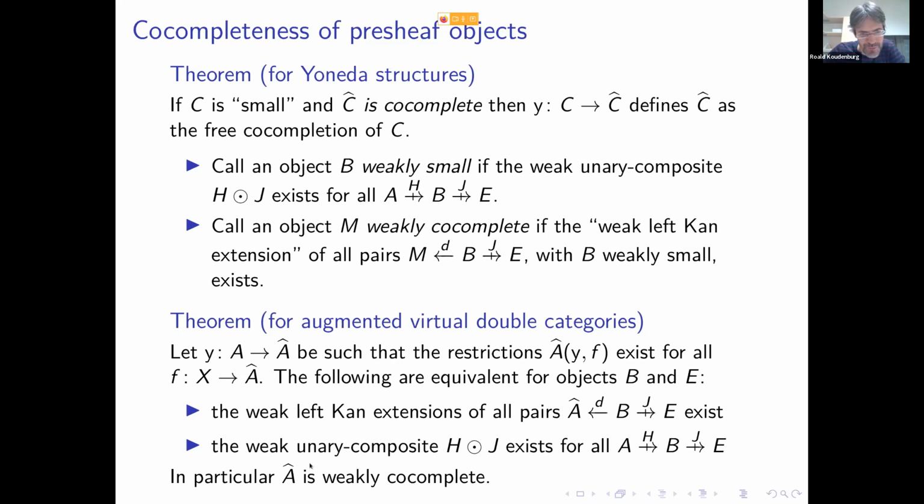I think that together with A being pointwise small, in this stronger sense, that will imply that Y defines A hat as the free co-completion of A in the stronger sense. So we can get a theorem like this for augmented virtual double categories as well.